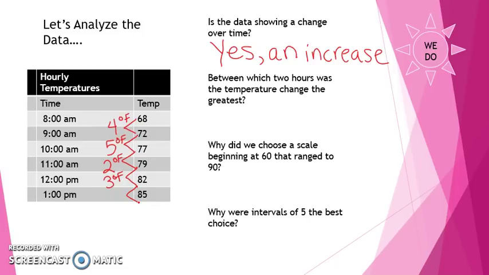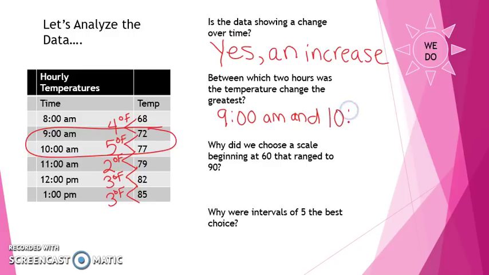And for these last two temperatures, it is also 3 degrees Fahrenheit. So the greatest change is here, and that's 5 degrees. So between which 2 hours, we would say 9 o'clock a.m. and 10 o'clock a.m. Those are the ones that showed the greatest change.